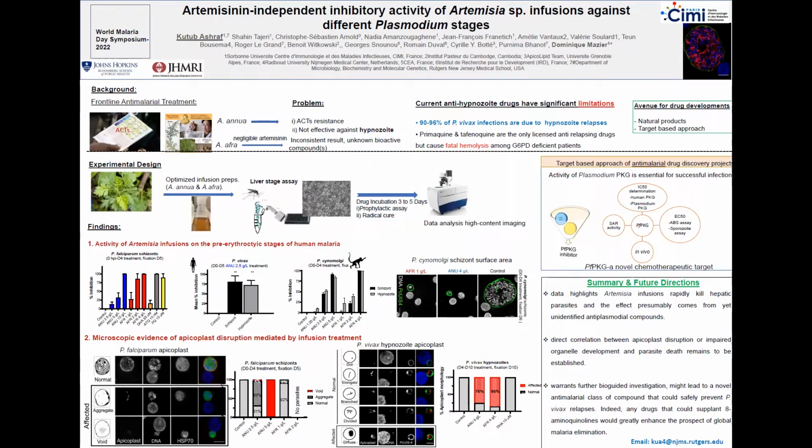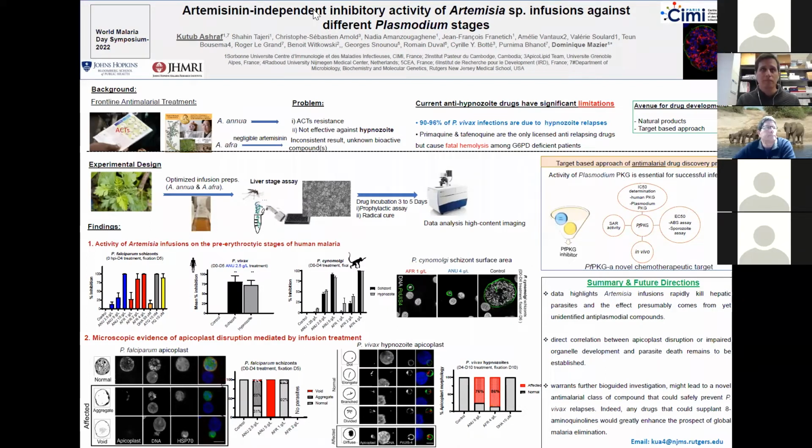When we expanded our observations to relapsing malaria, Plasmodium vivax, in the human cellular models, you can see both schizonts, in black, and hypnozoites, in gray. Almost 70% of schizont and hypnozoite development was blocked with the infusion treatments. This observation was also replicated in the cynomolgi models, utilizing simian hepatocytes.